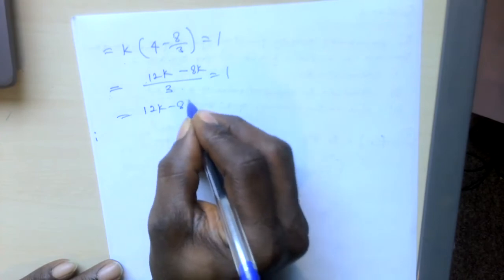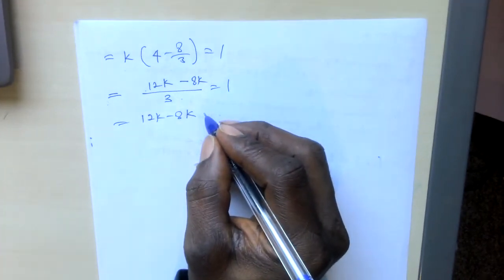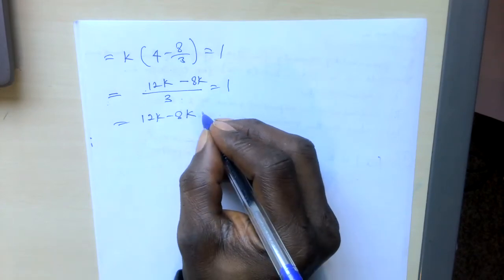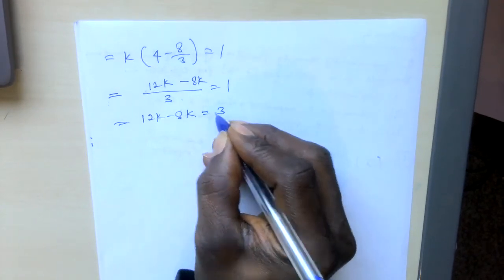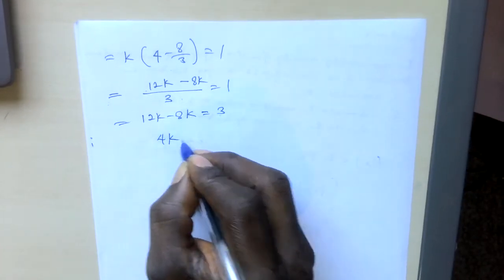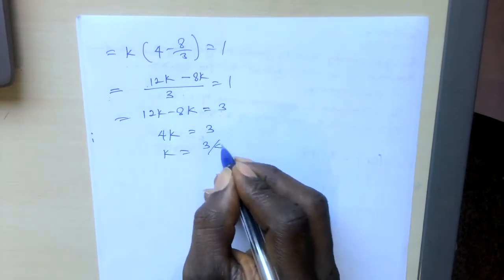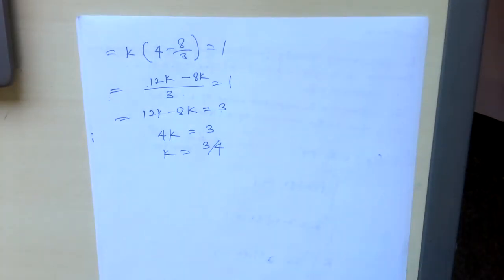So 12 minus 8 gives us 4k equals 3, k equals 3 over 4. So we know our constant now. Our constant is 3 over 4, so anywhere we see k, we know it is 3 over 4.